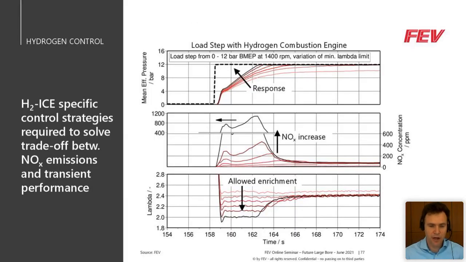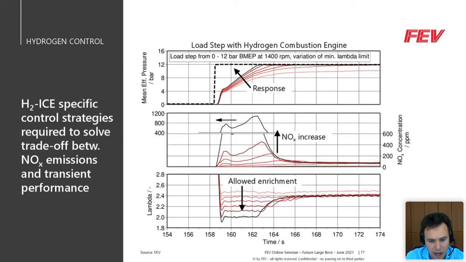Here, for example, I can discuss controls. Here it's again regarding hydrogen, so the control logic will become very, very important. I want to show you the importance of control features for the transient maneuver. We know that when we create a transient maneuver with a hydrogen engine, the NOx emissions increase quite dramatically, especially if we allow enrichment.